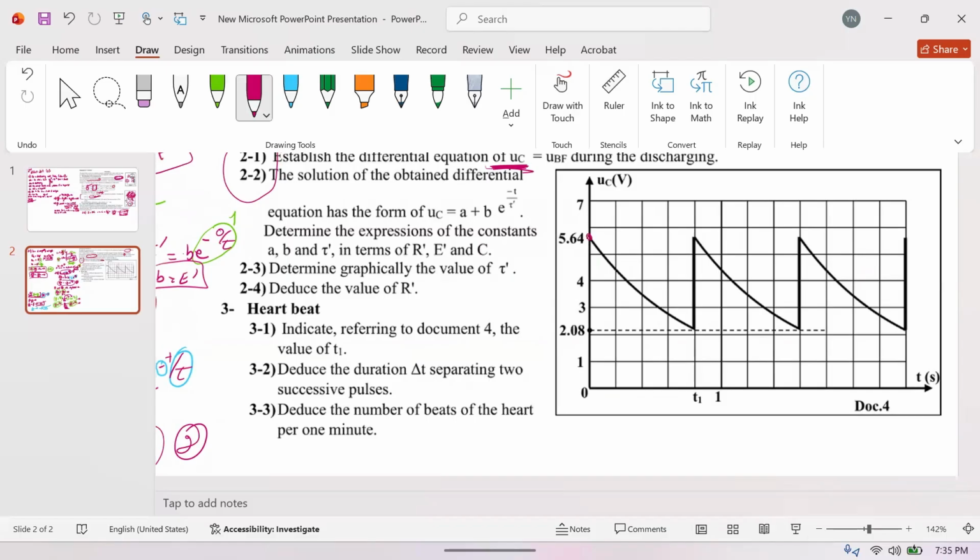Here we have the maximum value, and the voltage of the capacitor is decreasing because of the phase of discharge. Then when it reaches this point, it will be having a boost from the battery again. And it will be discharging again. Then it will reach a point where it boosts again, and so on.